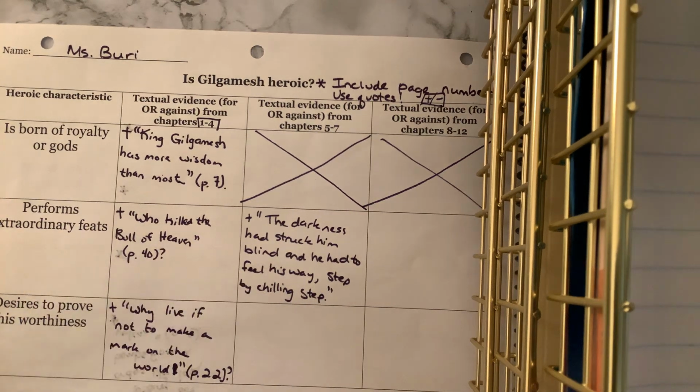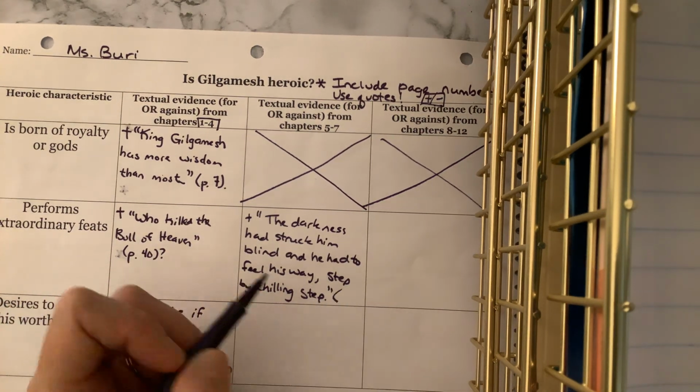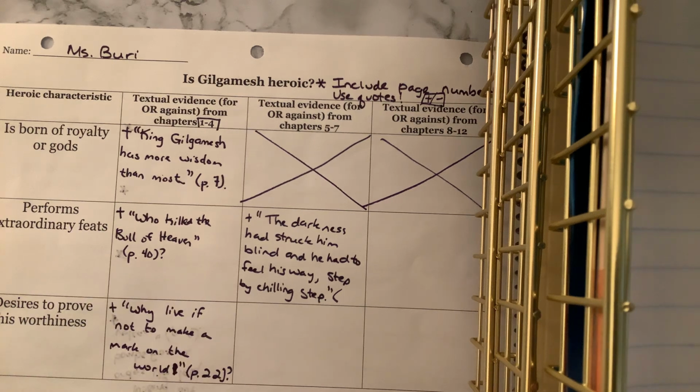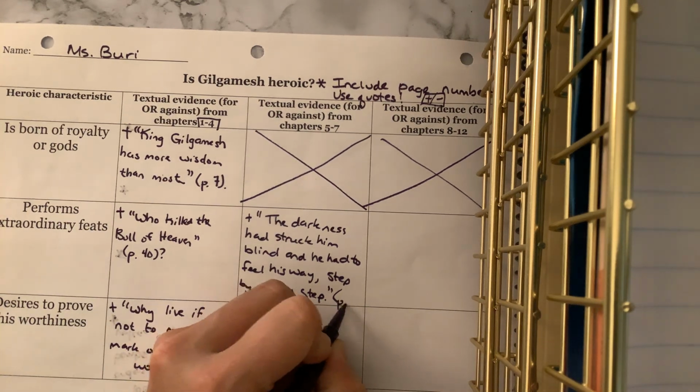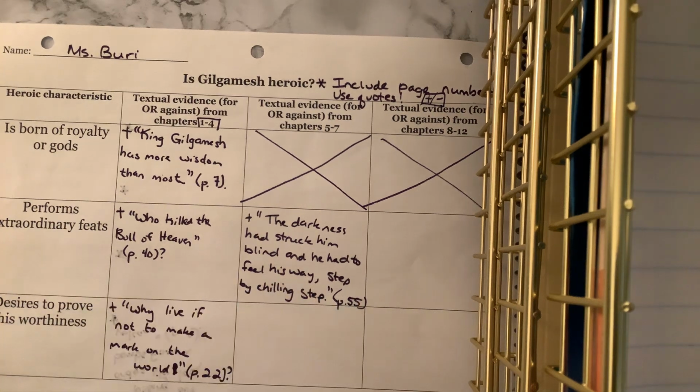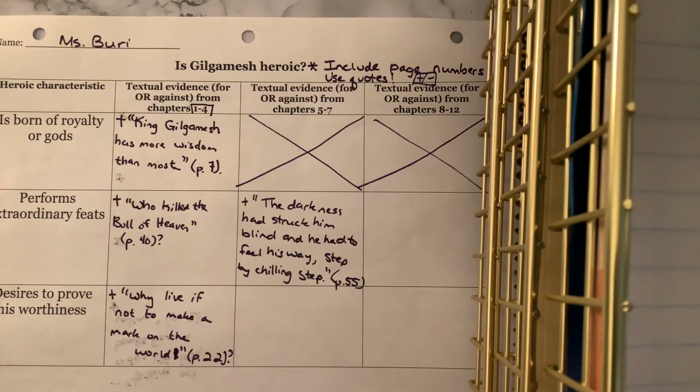So remember, I have my plus sign there. It's a direct quote. And then this page isn't actually numbered, but it's page 55. If you look at the next page, we can see that's 56. So this would be 55.